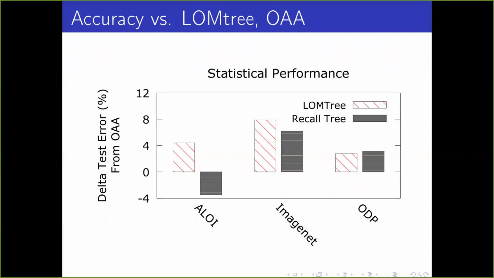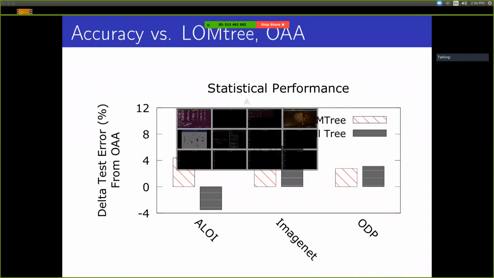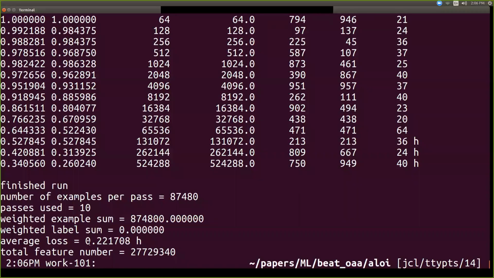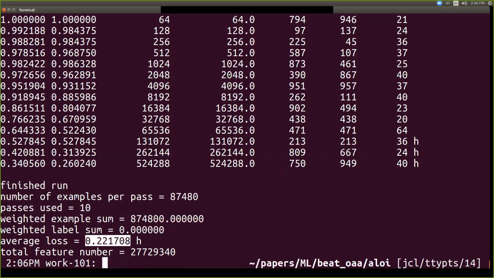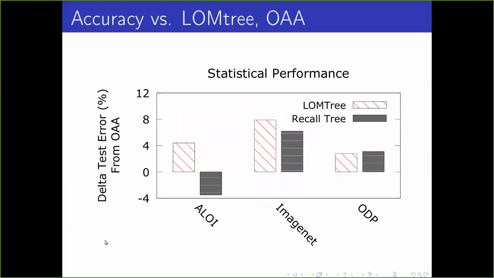It's the big one, not the smaller one. All right, so a LOM tree with a whole bunch of extra nodes gets down to 22% error rate. Okay, so are there questions about this?